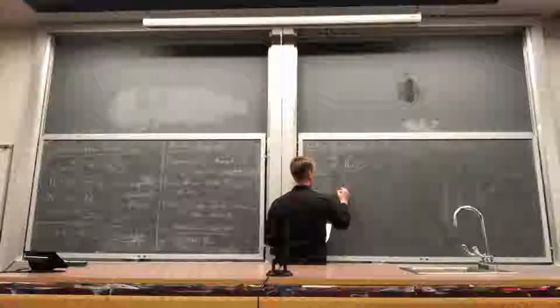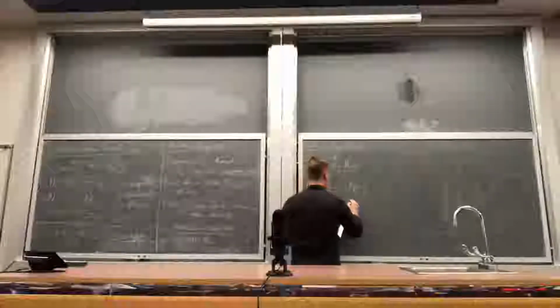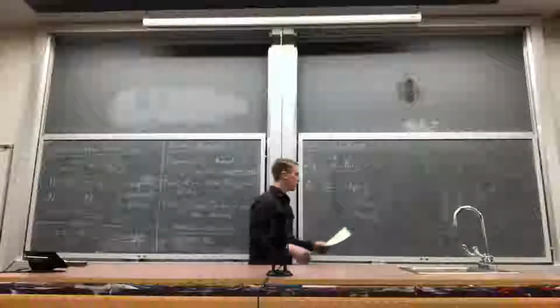So on a dry basis, if we look at air when it's dry, we typically approximate this as 21% O2 and 79% N2. Now this is not strictly accurate. There's a lot of other stuff going on in the atmosphere.